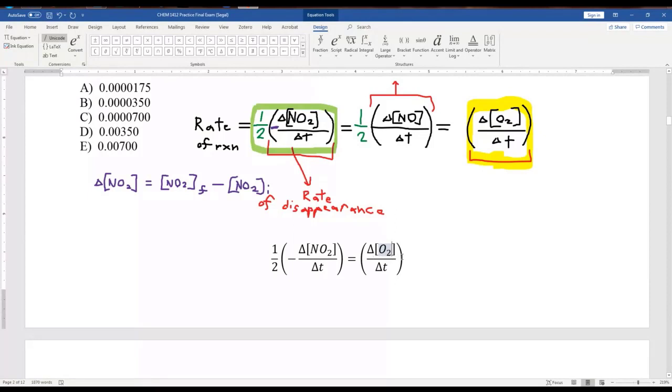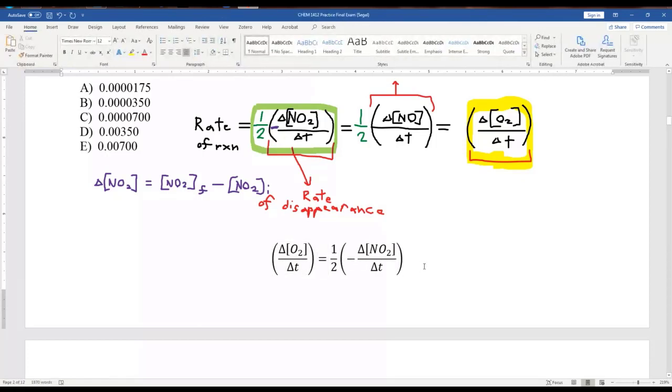Okay. So all I have to do here then, actually I'm going to go ahead and switch sides here. All I have to do here is plug in the values.